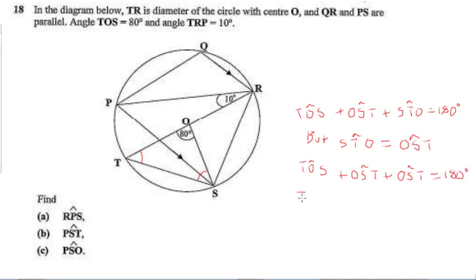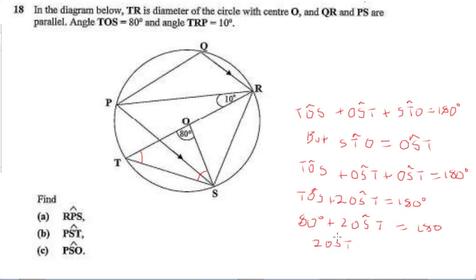So we've got TOS plus 2OST is equal to 180 degrees. But you know what our angle TOS is? TOS is equal to 80 degrees. So we've got 80 degrees plus 2OST is equal to 180.